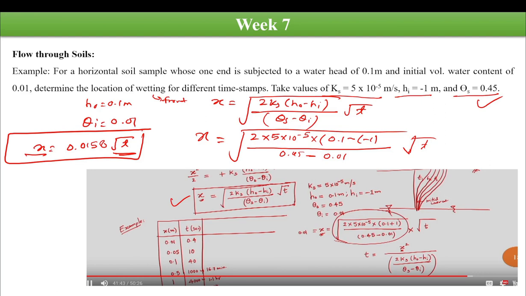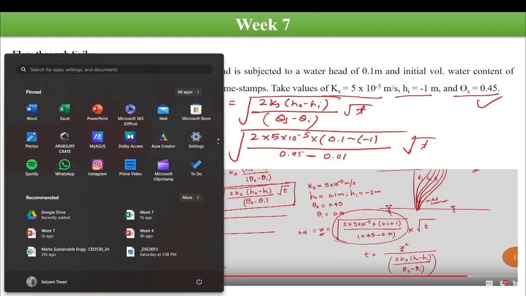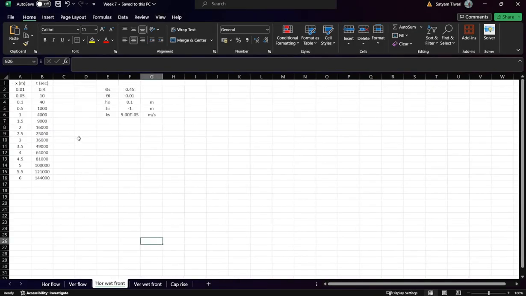So to solve this equation, what we are trying to do is determine the position of the wetting front at different time intervals. We'll solve this numerically in an Excel sheet and see how we can do that here. So the horizontal wetting front question, we'll solve it here.